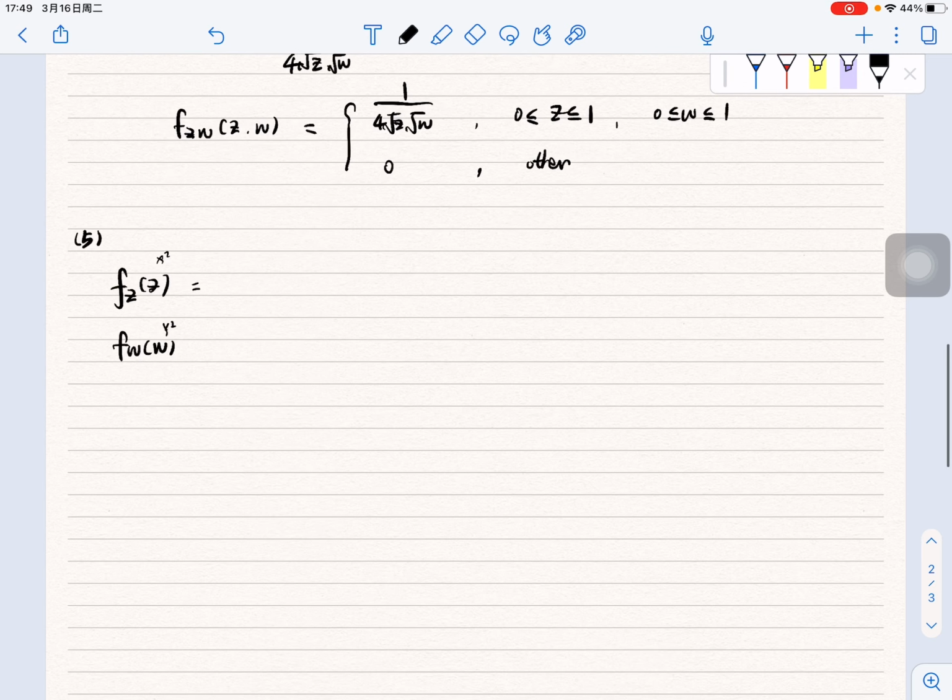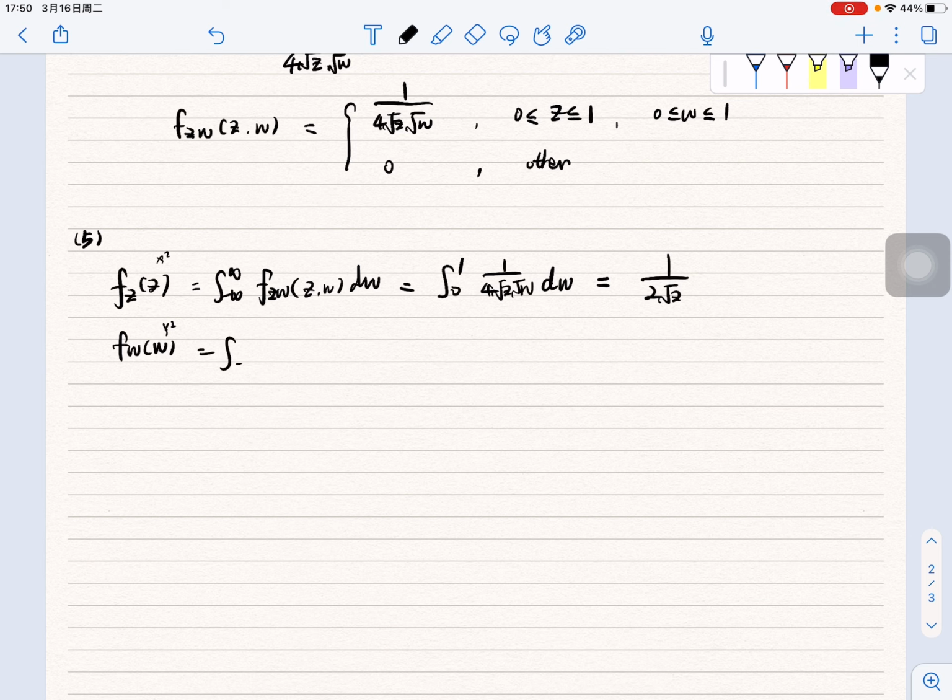And the answer is the integration from minus infinity to infinity of fzw dw, and it equals the integration from 0 to 1 dw. And we can get the answer is 2 root z.